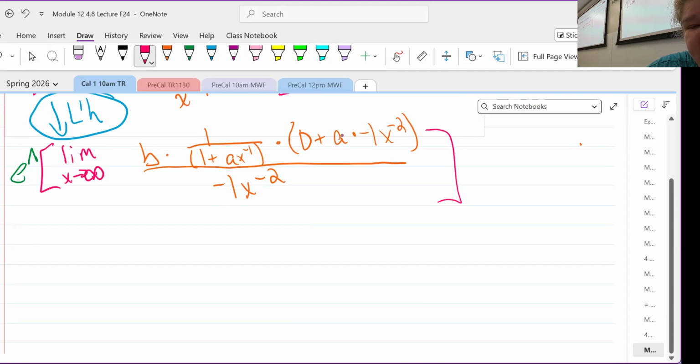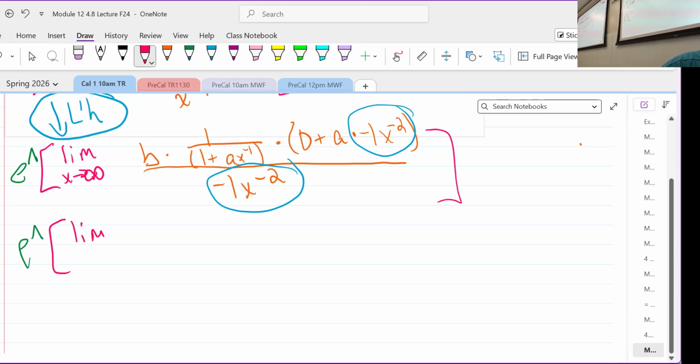So this is times a times negative 1x to the negative 2. So that negative 1x to the negative 2, that's going to end up canceling on the top and the bottom. But before I do that, I'm going to rewrite it so it's a little more obvious that the cancellation is happening, because right now it looks pretty messy. And I want to be sure that it's clear that they cancel.